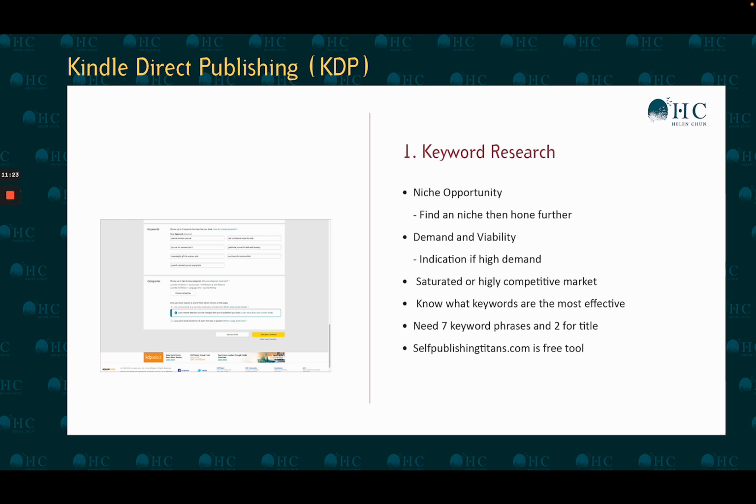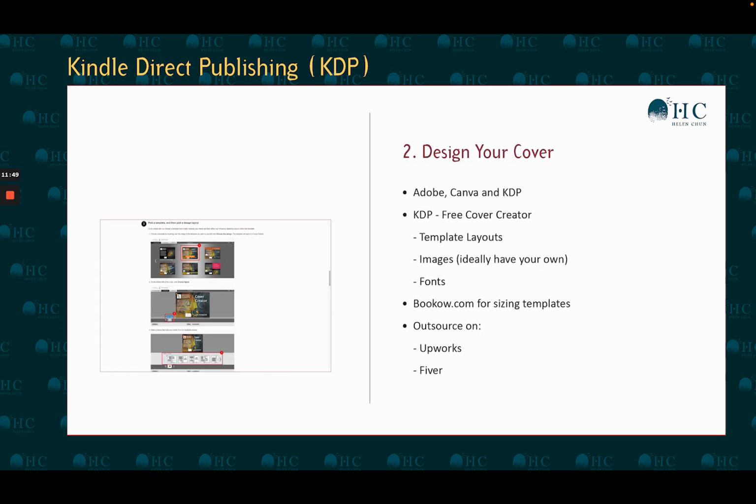You've got to find keywords that are most effective, because there's going to be 7 keyword boxes that are going to be used, and you ought to use all of them. And 2 more for the title. So I'm going to show you how to use Self-Publishing Titans. It's a free tool and it's really, really good.